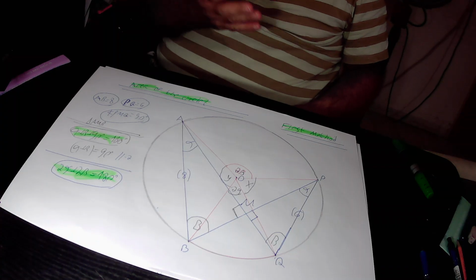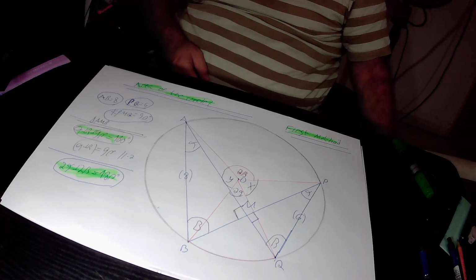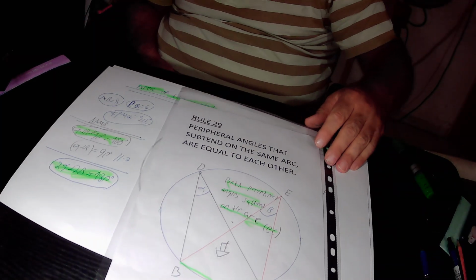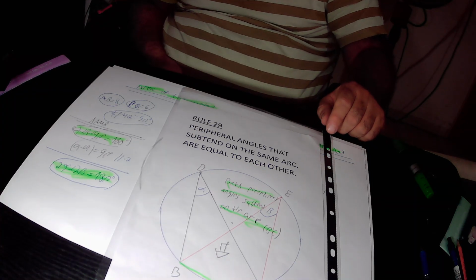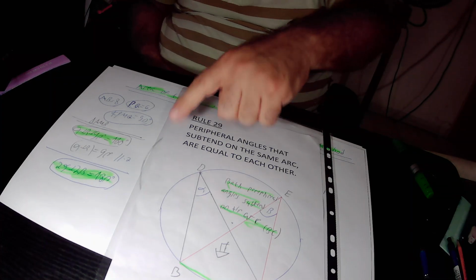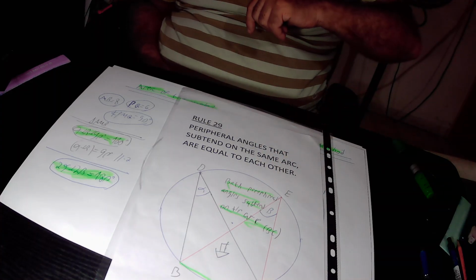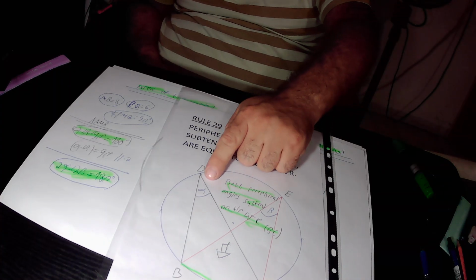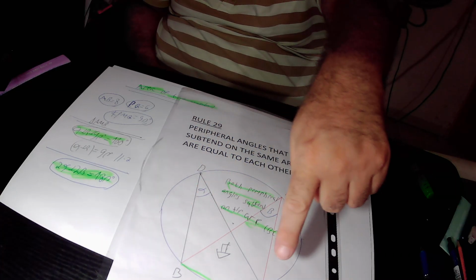So first of all, I present to you Rule 29 and we implement Rule 29 in our drawing. According to Rule 29, wave angles that subtend on the same arc are equal to each other in their sizes. In the drawing we have a circle. This is wave angle BDC that equals alpha degrees in size, and wave angle BDC subtends on arc BC.